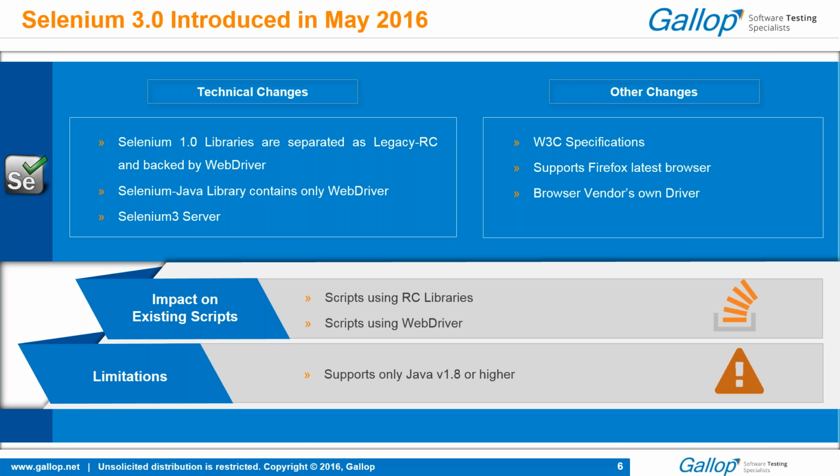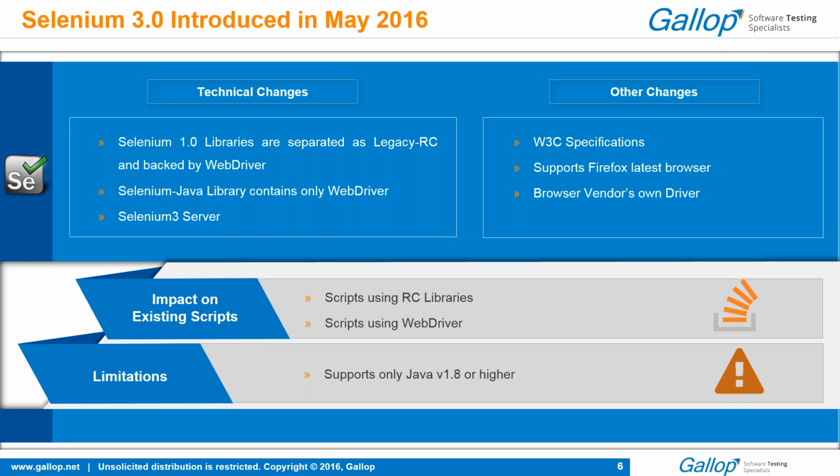In 3.0, the W3C specification is still in the draft state, but by 4.0 or 5.0, once the full version of the W3C standards is released, any contribution which is not compliant to this standard is going to be dropped from the WebDriver API. So this is another change in 3.0.